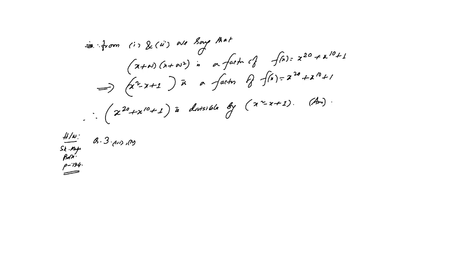Now we come to another important problem. This is question number 4.1. Express x to the power 5 minus 5x to the power 4 plus 12x square minus 1 as a polynomial in x minus 1.